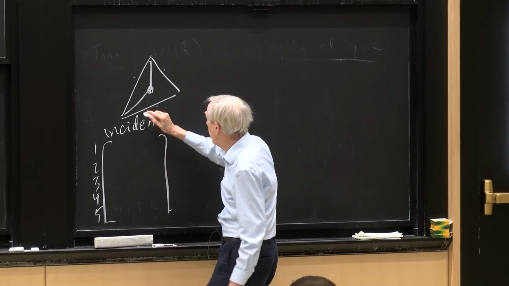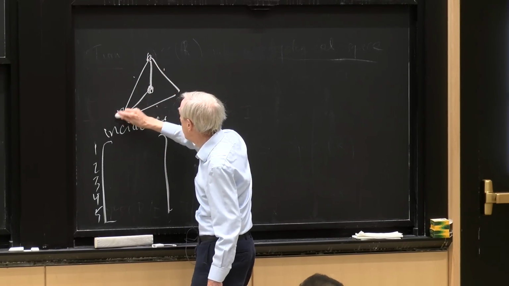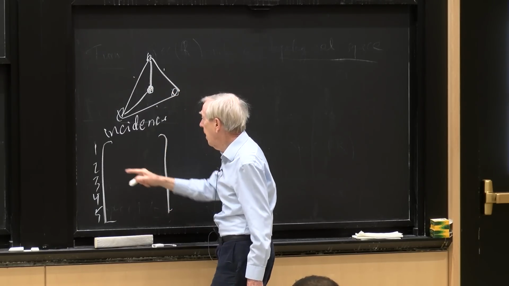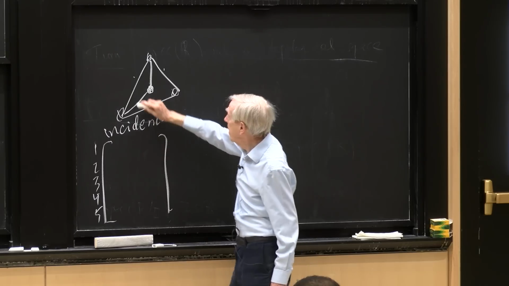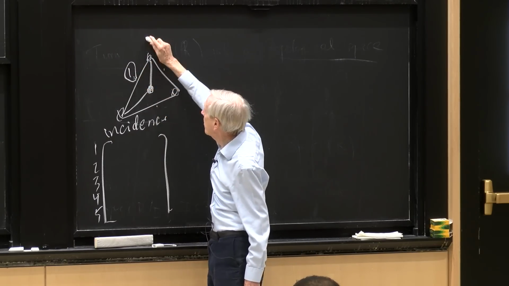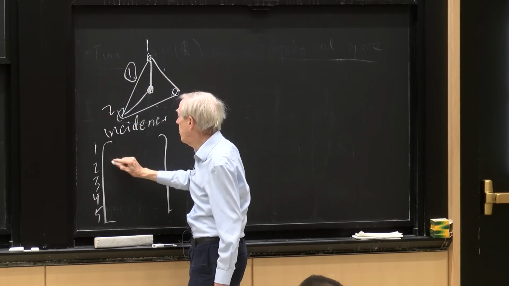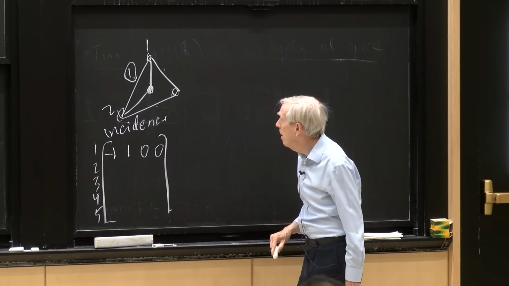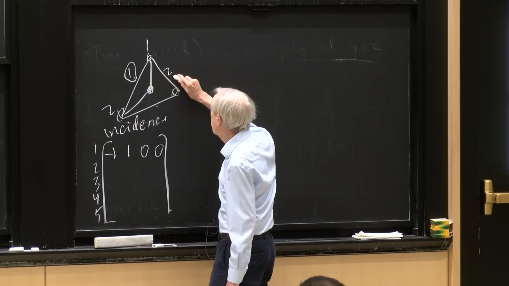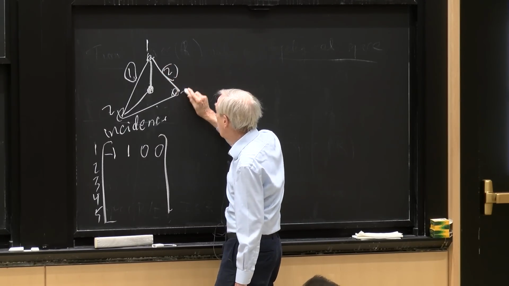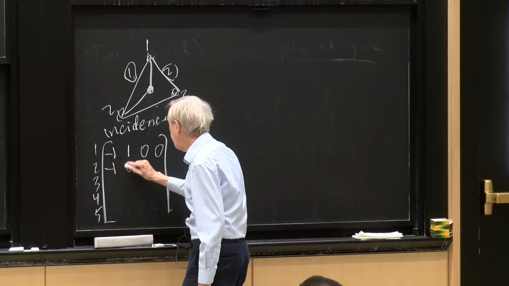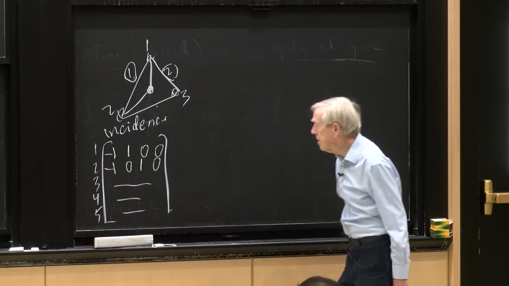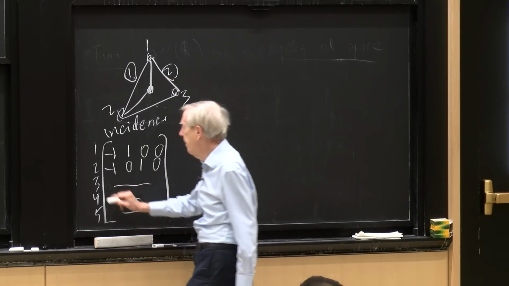There are 4 nodes, 1, 2, 3, and 4, so 4 columns. And a typical row would be edge 1, going from node 1 to node 2, so it would have a -1 and a 1 there. And let me take edge 2, going from node 1 to node 3, so it would have a -1 and a 1 there, and so on. So that's the incidence matrix A.